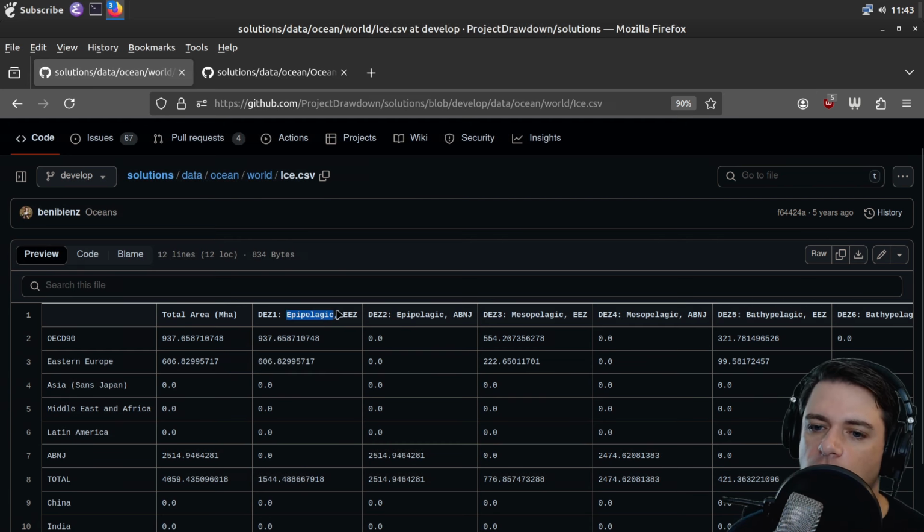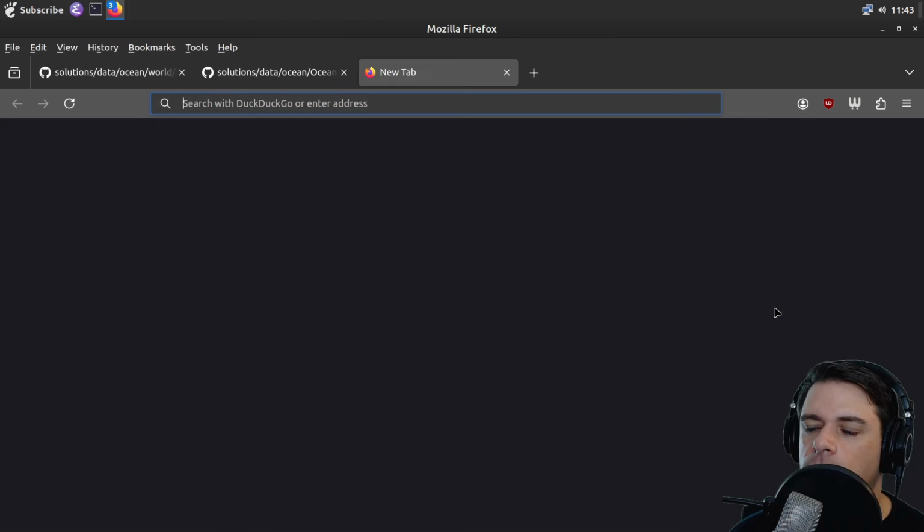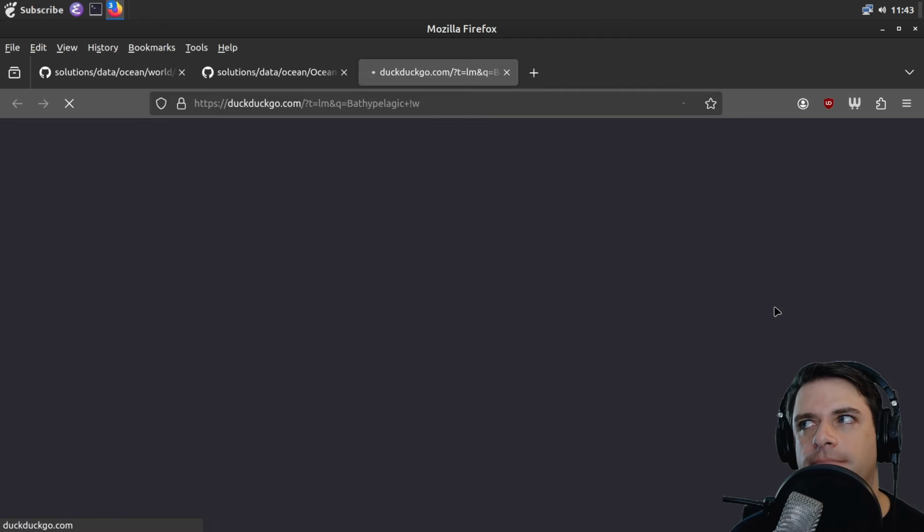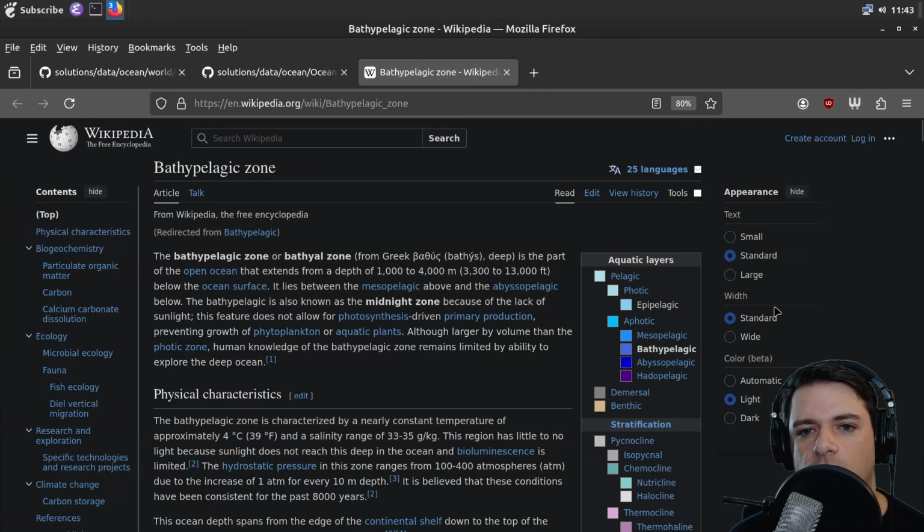We have DES1, epipelagic, mesopelagic, and bathypelagic. Are these like terms in, what would it be? Not genealogy, the zones of the Earth.